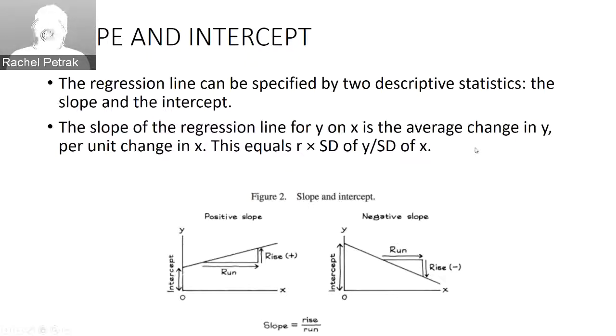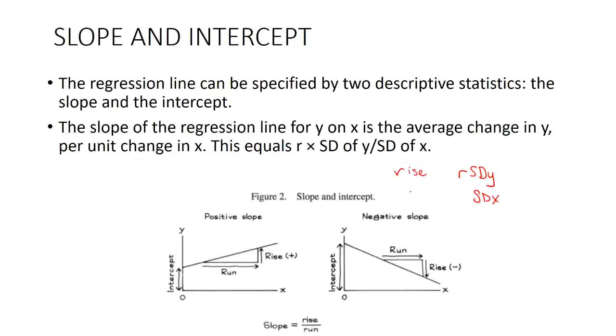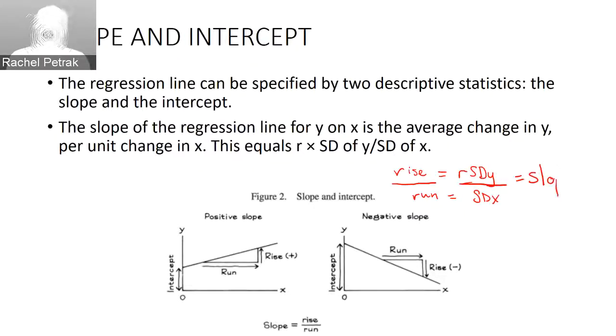So we've kept coming back to the slope and intercept, and we can always conceptualize it as rise over run, but when we think about this in the context of regression, we should think about rise is equal to the R times the standard deviation of Y, and the run is the standard deviation of X. With this whole thing, both of them being equal to the slope.